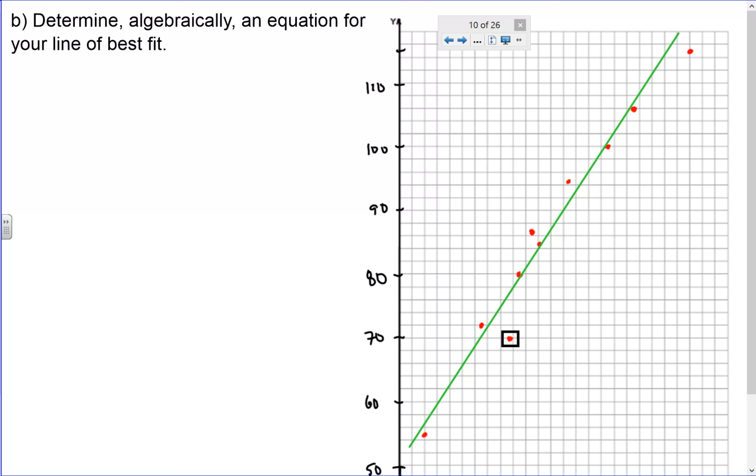So I went ahead, I graphed a line here that you can see in green, and notice that I did try to make the line go through a number of points, and I was trying to balance out the distance between the points and the line. So for instance, if we were to take into account these distances here above and below the line, really what we're trying to do is to minimize those distances.